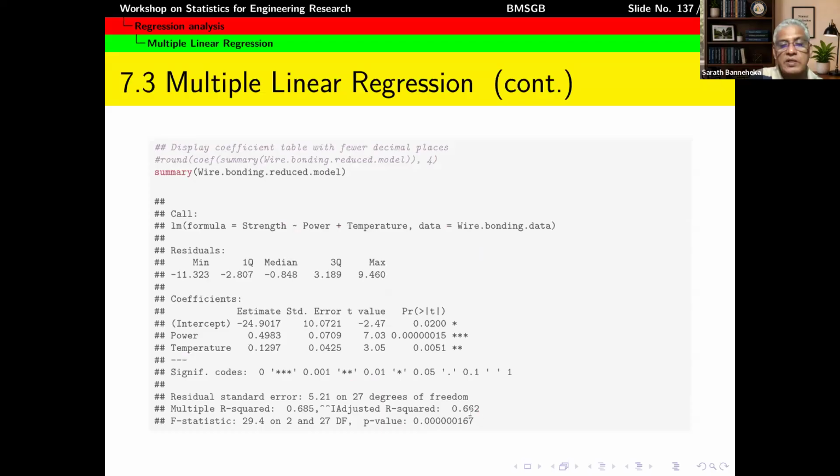What is the adjusted R squared here? It's again 0.66. So there's not much difference in the adjusted R squared even if we drop two variables. That gives you an idea that those two variables are actually not important in modeling the shear strength. Therefore, we will consider this as a reasonable model if the model assumptions are reasonable, because here also I am looking at the p-values. These p-values will be meaningful only if the model assumptions are reasonable.